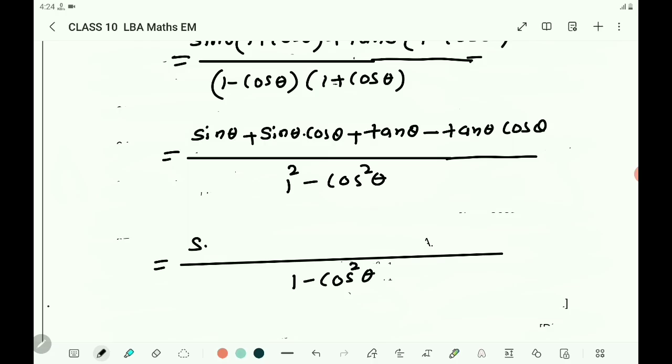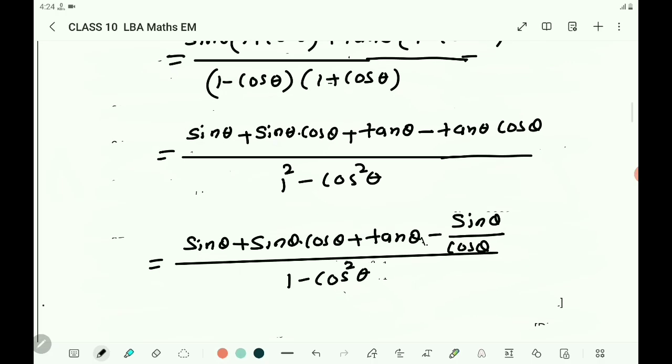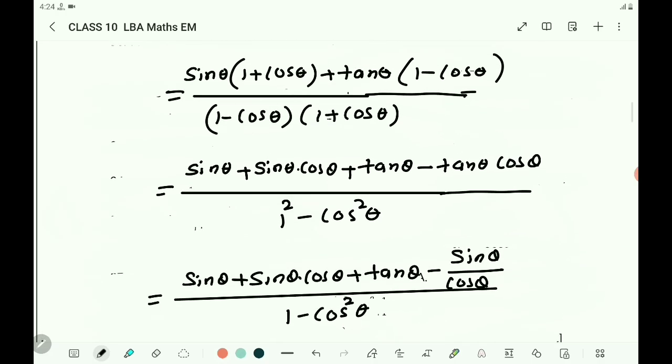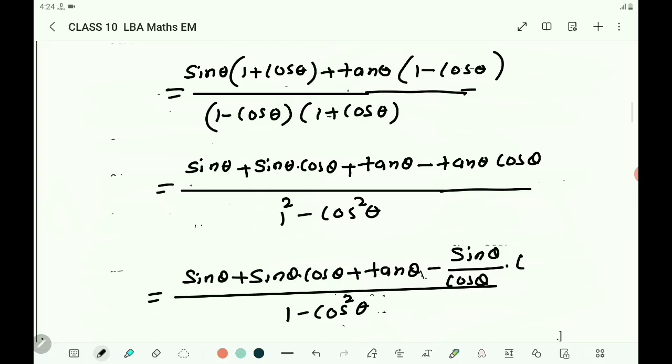Then you write sin theta plus sin theta into cos theta plus tan theta minus, write this tan theta as sin theta by cos theta into cos theta.